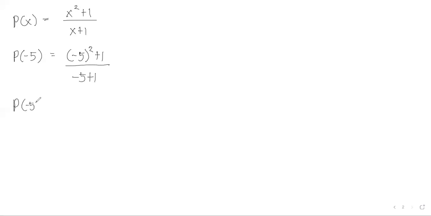And that is P of negative 5. Negative 5 squared is just the same as 5 squared, di ba? Kasi negative number, pag na-raise mo to the even power, magiging positive siya. 25 plus 1 over negative 5 plus 1, that is negative 4. So P of negative 5 is 25 plus 1, that's 26 over negative 4.